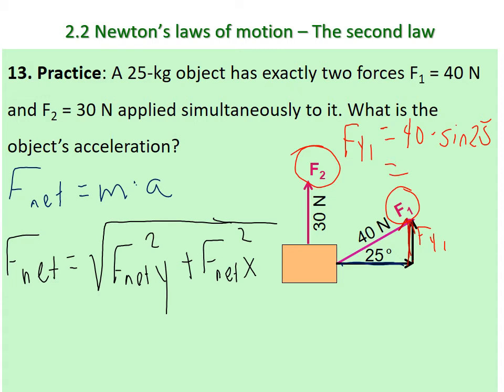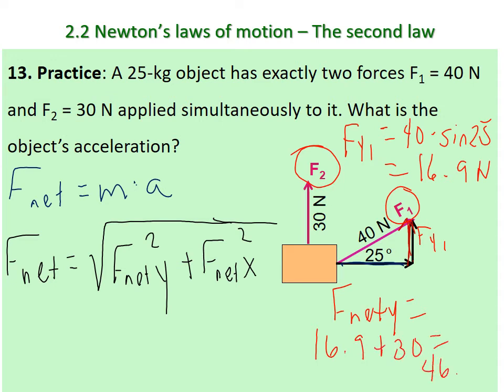So I take the hypotenuse, 40, and I multiply by sine of the angle to get the opposite side for this vector triangle, and that gives me a value of 16.9 newtons. So I can get my F net y, my total forces in the y direction, and that's 16.9 plus 30, which is 46.9 newtons.